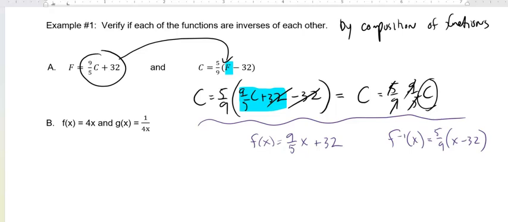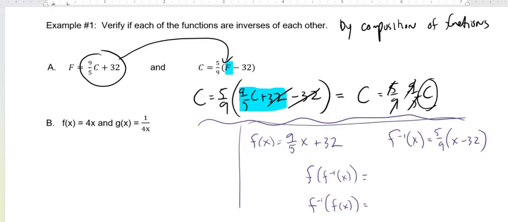And then I would say, okay, we want to do f of f inverse, and we also have to do f inverse of f. That is, we have to do both compositions. So if I take f of x and plug it into f inverse, just looking at these guys now, then I would say 5/9 times x.